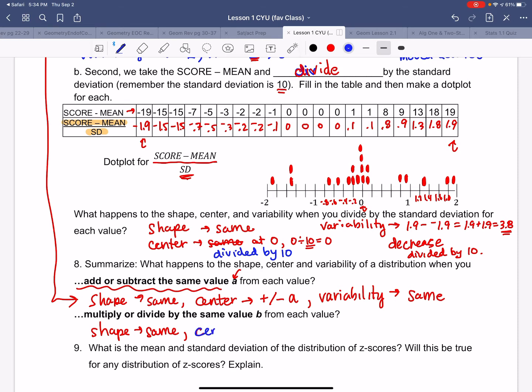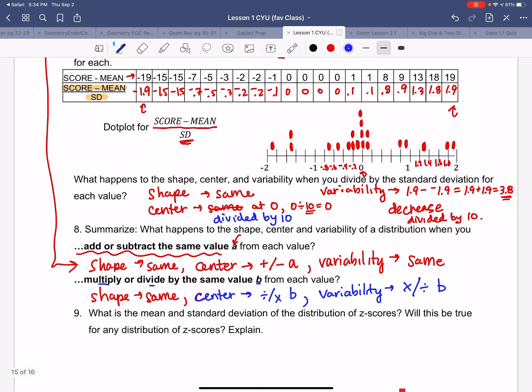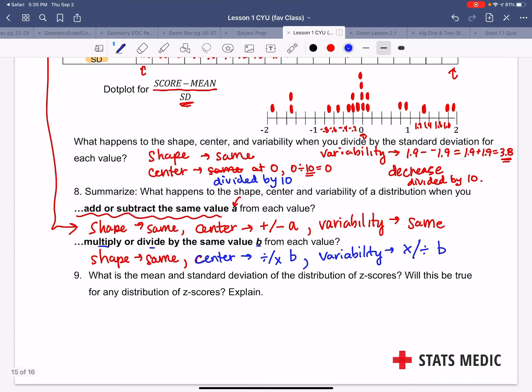So our center would have then gotten divided or multiplied by 10, whatever the value you're going to multiply or divide. They would like us to call that B, so we'll call that B. And then last, our variability did change. Our variability was multiplied or divided. In our instance, it was divided by 10, so that would affect anytime we do that to any number by B.